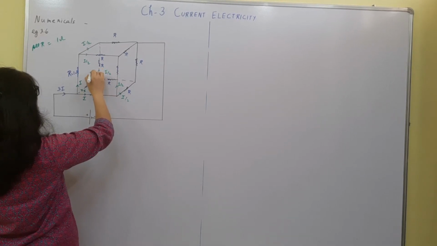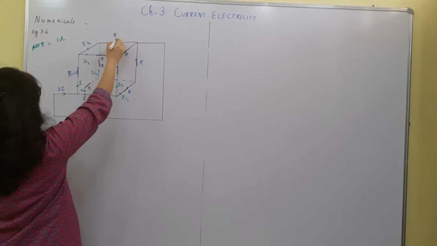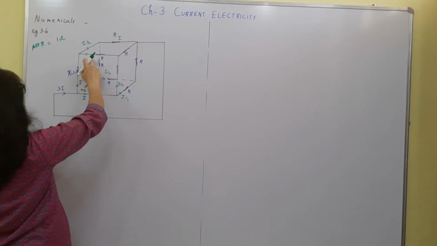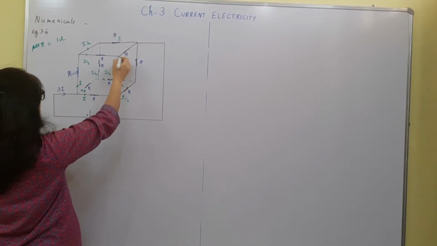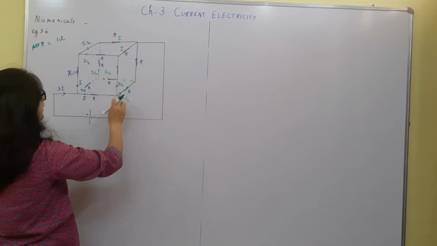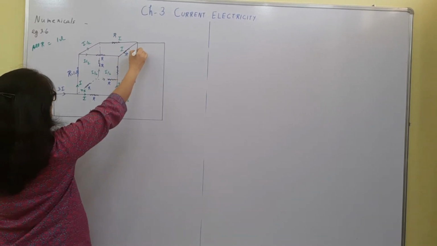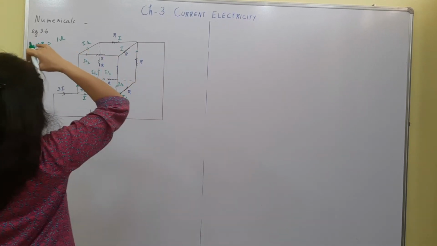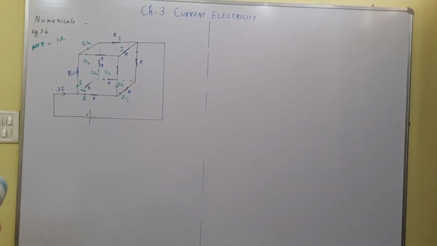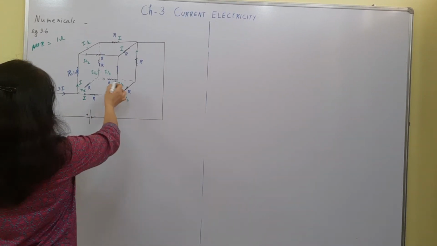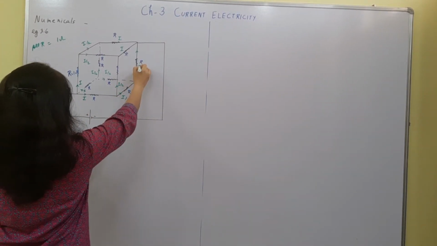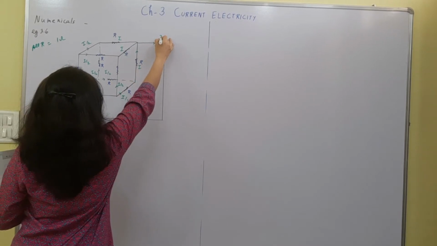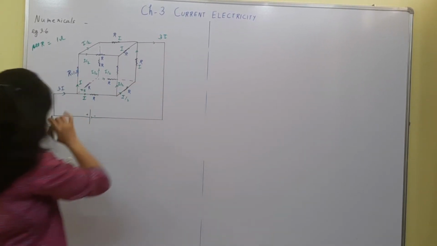So I by 2 again makes it I, and this I by 2 coming makes it I, and this is I by 2 coming here, so this makes it I, so this again makes it 3I, right?